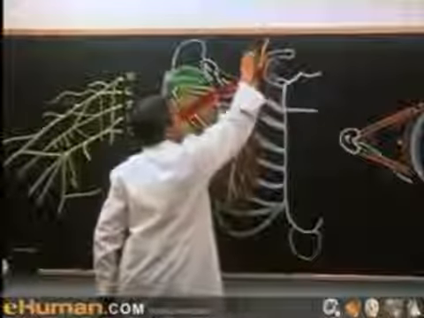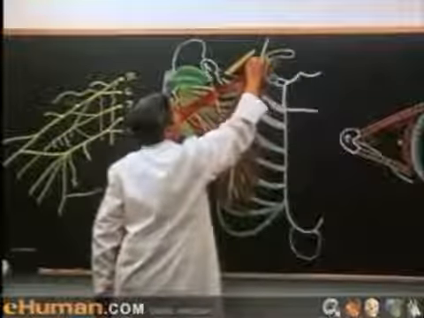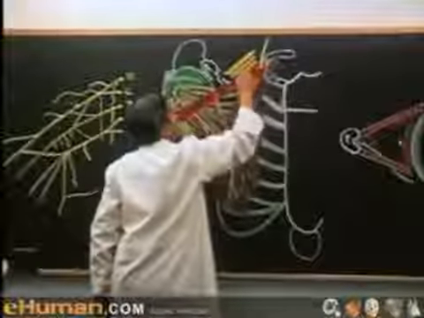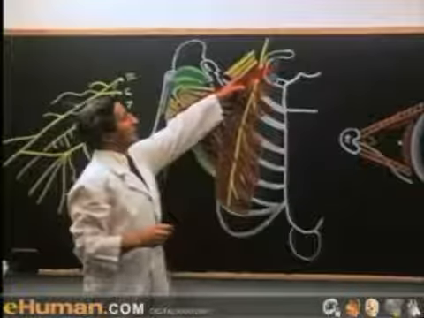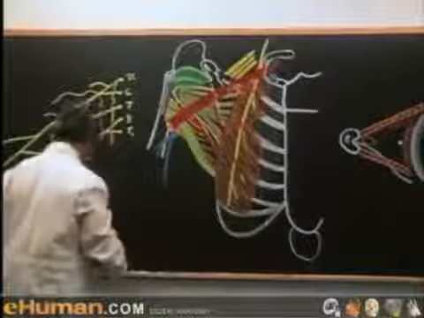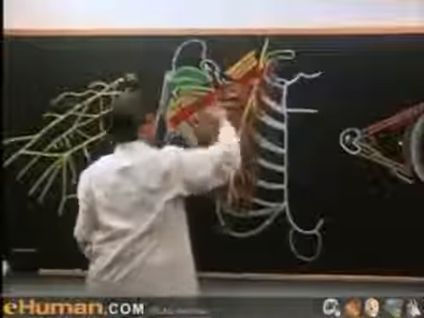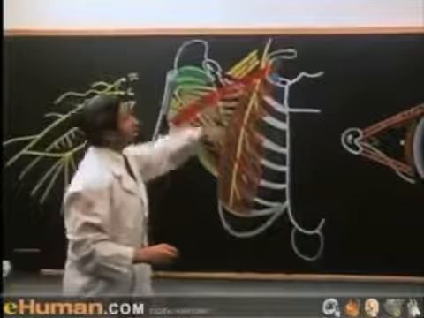So I'm going to indicate here three fairly thick nerves indicating the three cords of the brachial plexus lateral to the first part of the axillary artery. And of course these nerves are going across this and are lying in the more anterior plane. These arteries are lying in front of the nerve.